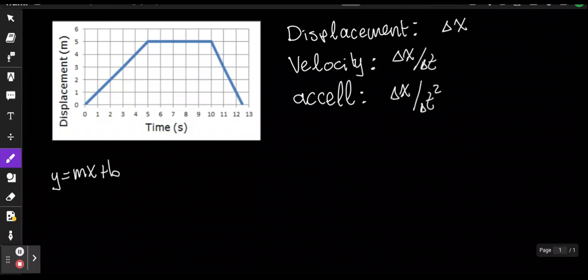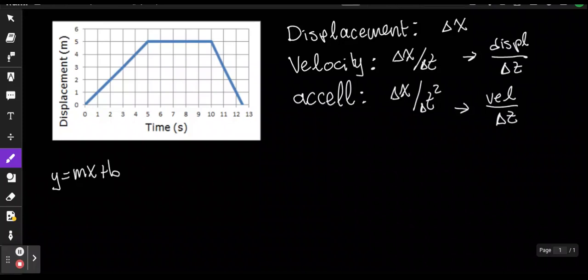So what I'm noticing here is that velocity is also displacement divided by change in time, and acceleration is velocity divided by change in time.